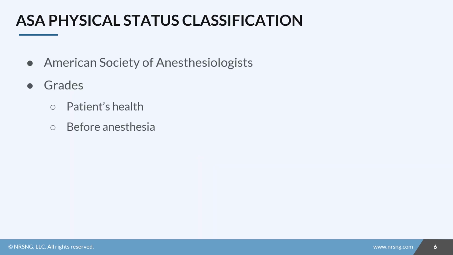So I think it's pretty important to mention that one of the tools used by anesthesia is the ASA Physical Status Classification System. This was developed by the American Society of Anesthesiologists, and it grades the patient's overall health or their risk before anesthesia and surgery.